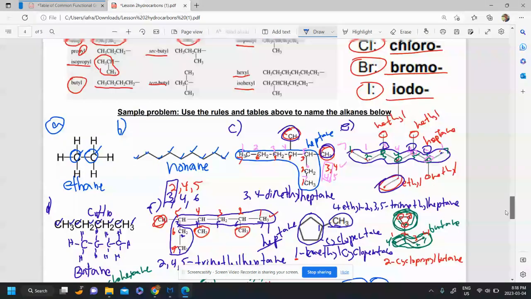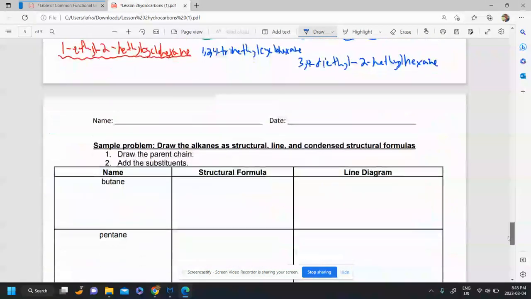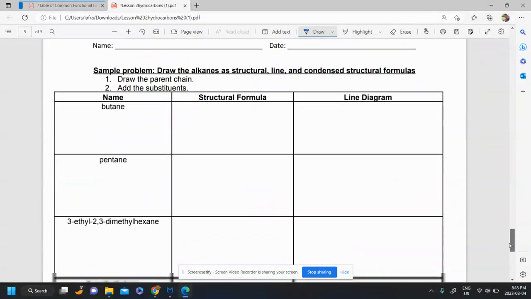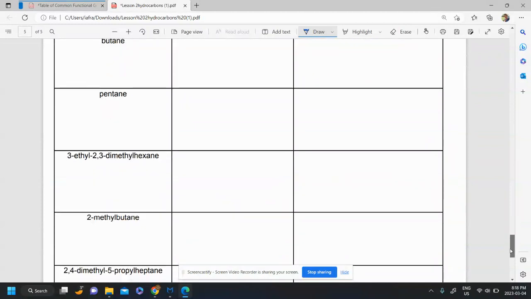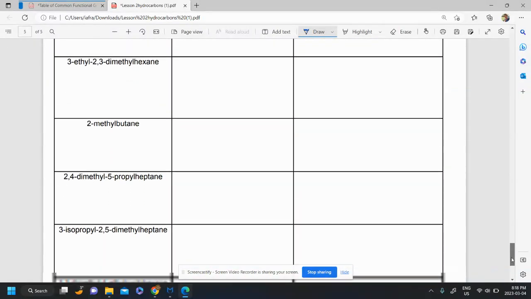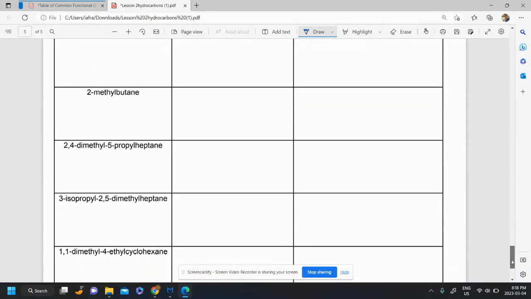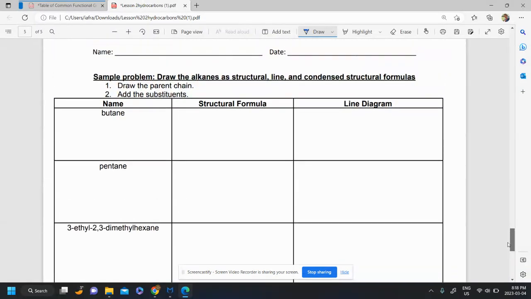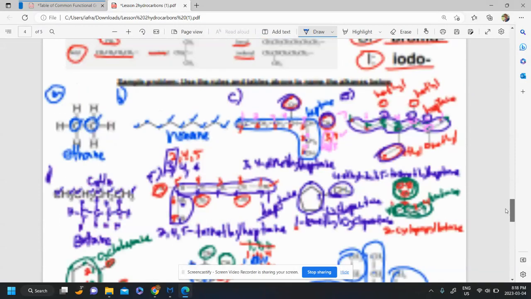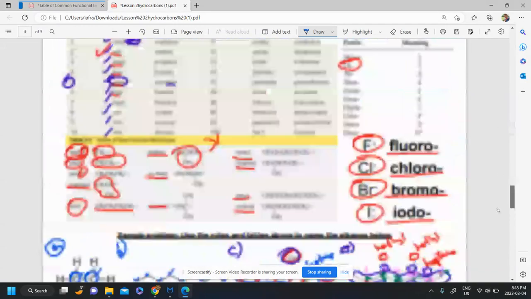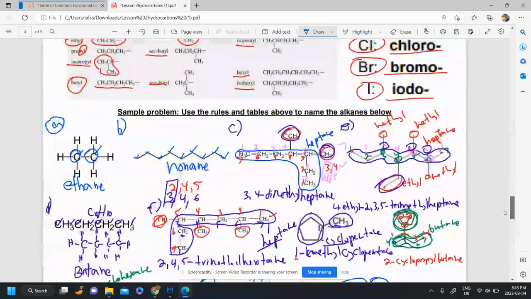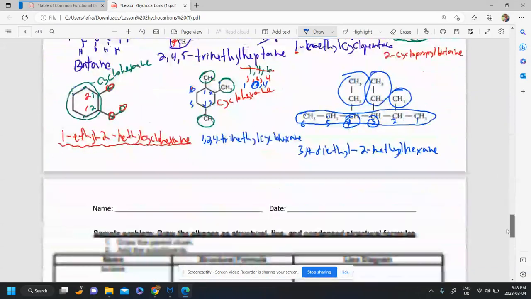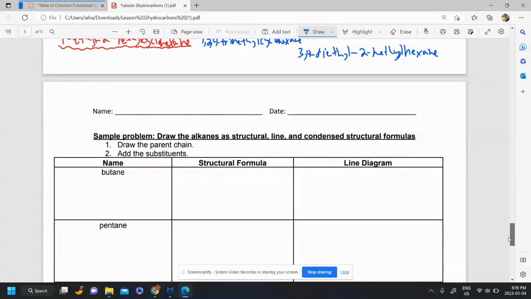You should really try these ones over and over again if you made a lot of mistakes to make sure you understand the concept. And then you can move on to the next video, which will be on drawing rather than naming. So your first order of operation is to make sure you can name from a picture. And then afterwards, when you're done doing that, you can go and try to draw from a name.